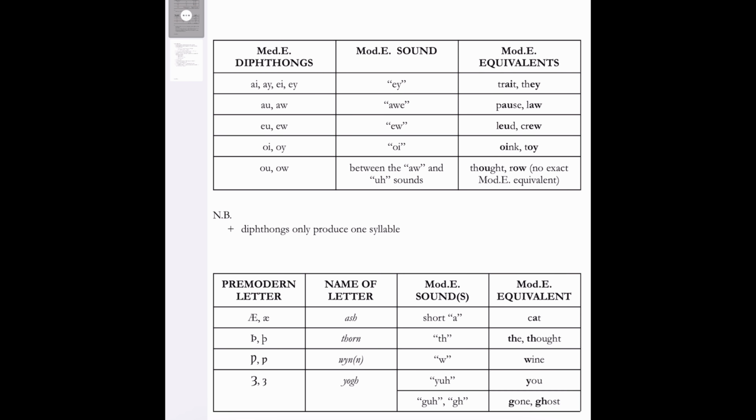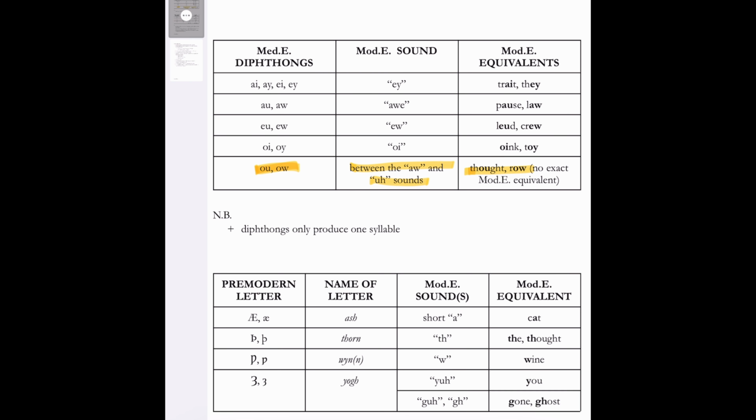This one was a little tricky for me to figure out how to teach. As I write here, it's between the ah and the aw sounds. So, thought, row, somewhere between those. This is a place where it's more important to remember that it's a diphthong. You're not saying oh, it's somewhere between ah and thought.